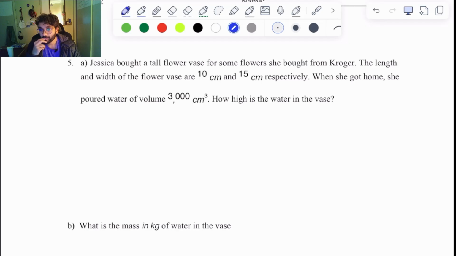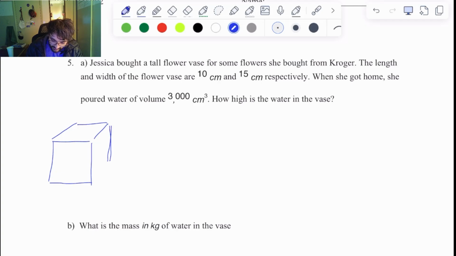So we have a vase, and the length and width are given to be 10 centimeters times 15 centimeter. Okay, so a vase like that. Because the length and width are given, it is safe to assume it is something squarish, right?